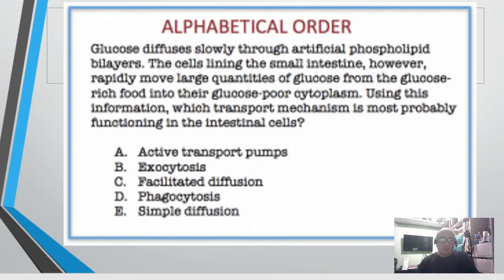One good example of alternatives arranged in alphabetical order is this. You see the alternatives are arranged in alphabetical order. If the options are numbers, see to it that they are also arranged from highest to lowest or lowest to highest.